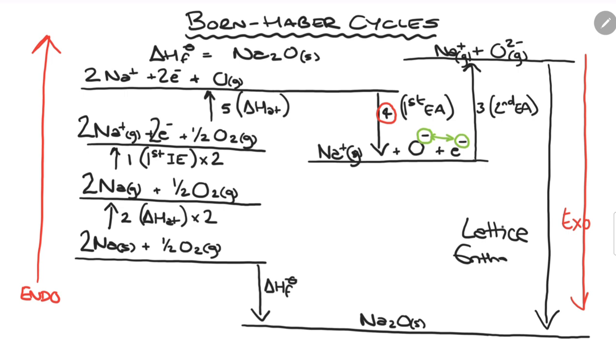This is a new term which we've not discussed yet, and the lattice enthalpy of a substance is the enthalpy, or the standard enthalpy change, for either the separation of 1 mole of the ionic solid into its gaseous ions, or, as I've drawn it here, the enthalpy change associated with the creation of 1 mole of sodium oxide. So technically, the lattice enthalpy can be defined in both directions.